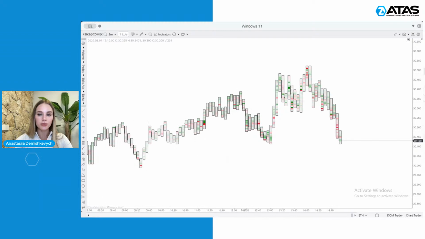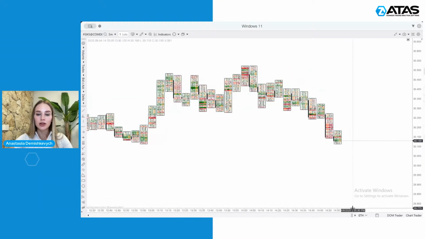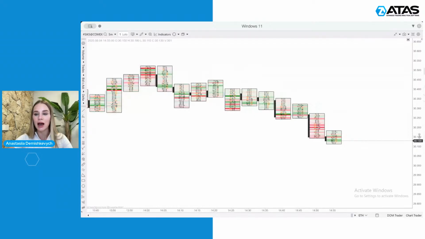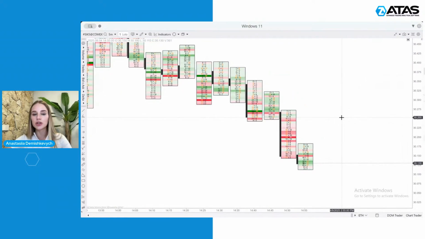The footprint is like an X-ray of that candle. It reveals what actually happens inside each and every single candle. So at which level volume was concentrated, how many contracts were bought at the market ask or sold at the bid, and where the spikes in activity occurred, as well as who won the battle, sellers or buyers.